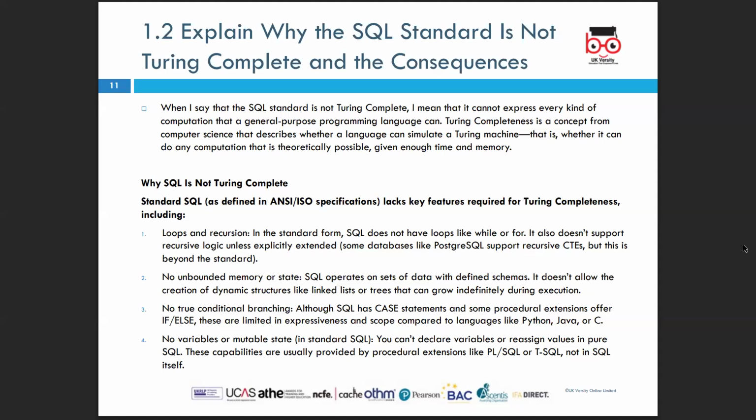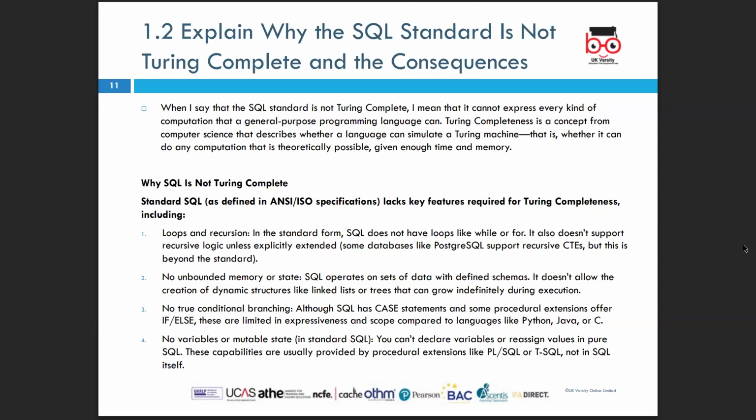In its standard form, SQL does not have loops like while or for. It also doesn't support recursive logic unless explicitly extended. Some databases like Postgres support recursive CTEs, but this is beyond the standard.